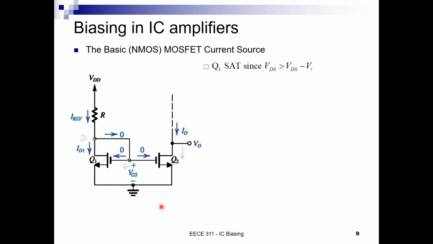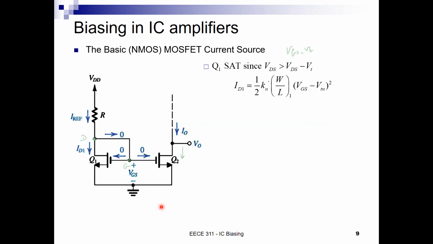Okay, so here obviously Q1 is in saturation because VDS is greater than VGS minus VT, and my VGS is equal to VDS, right? And the equation for ID is half K prime W by L times VGS minus VT all squared. So this is the current equation for the current that is flowing in Q1.